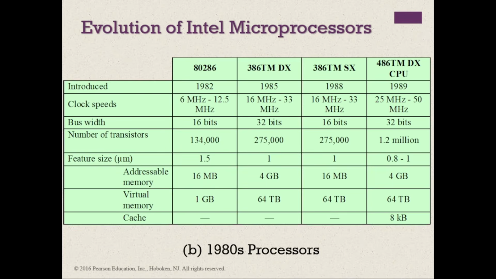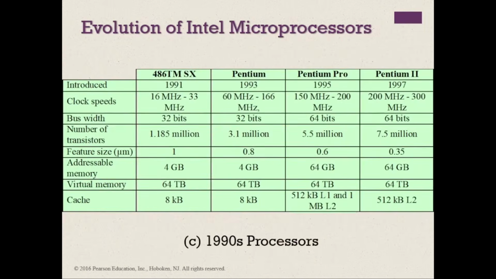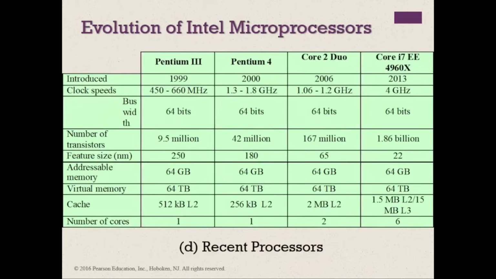Of course, the development of the processor is progressive. Then for the 1990s processors, we have the 486SX, the Pentium Pro, and then the Pentium 2. And then for the recent processors, we have the Pentium 3, Pentium 4, the Core 2 Duo, and the Core i7. Core i7 is, as of now, the latest.